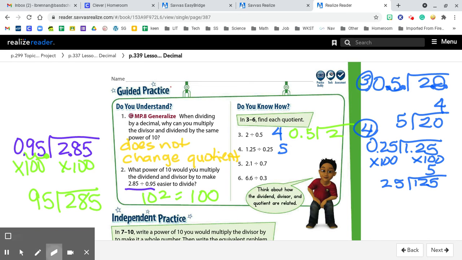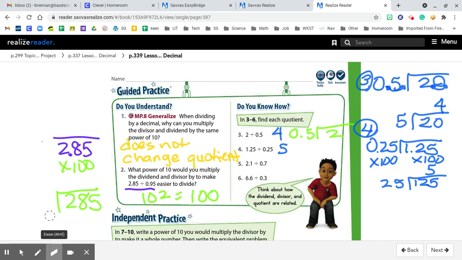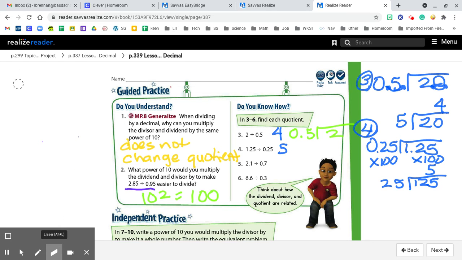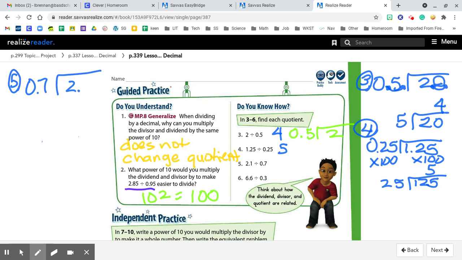How about if I put number 5 over here? Number 5 is 0.7 divided into 2.1. I'm going to need to multiply this by 10 to get rid of that decimal in my divisor.